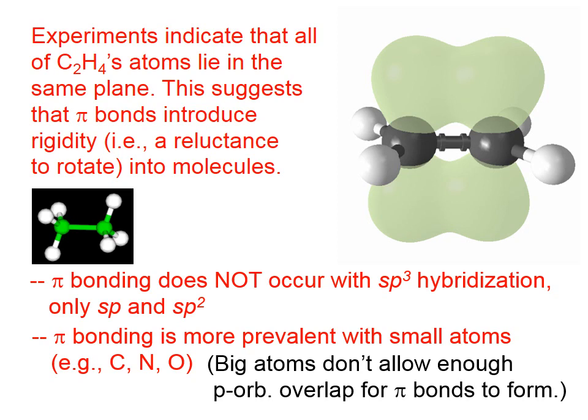If we look at the picture in the upper right, these two carbon atoms, let's say they were silicon atoms, which is the element right below carbon. If they were silicon atoms, then this bond length would be longer. The p orbitals that go up in a figure 8 shape, they don't really overlap enough if this distance is too long. So pi bonding tends to occur only with small atoms.